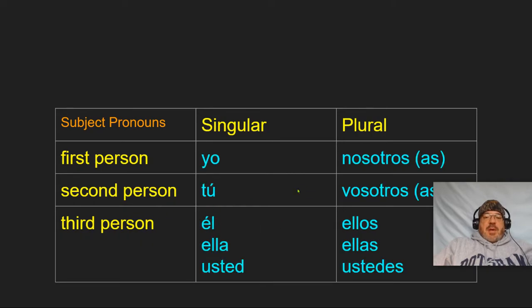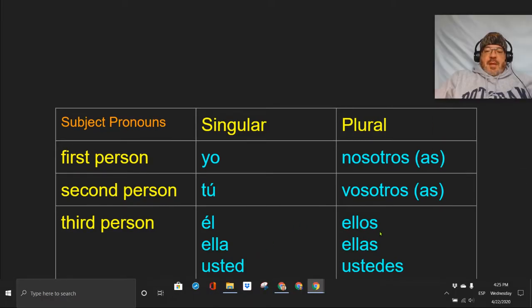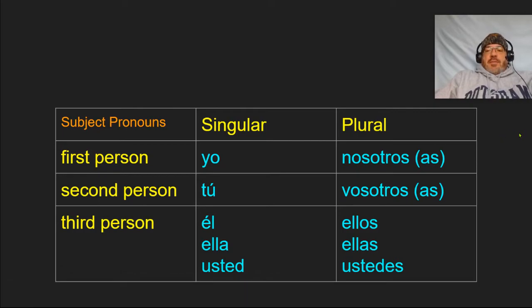Okay, let's do this in Spanish. Subject pronouns in Spanish, same thing, singular and plural. We have yo, tú, él, ella, usted, nosotros, vosotros, ellos, ellas, ustedes. Now, you remember we already taught this to you, right? But I just wanted to do a quick refresher.